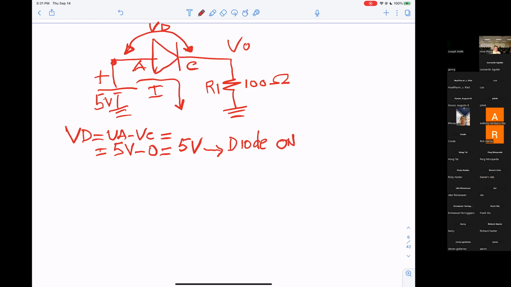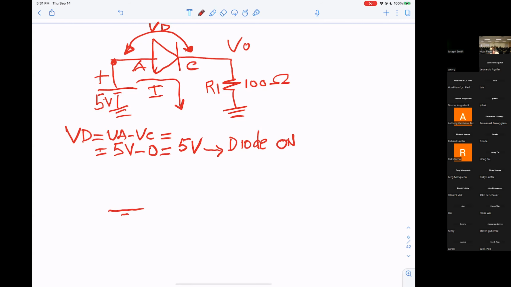Now they're on. The circuitry has to be redrawn this way. The diode is now substituted by the battery.